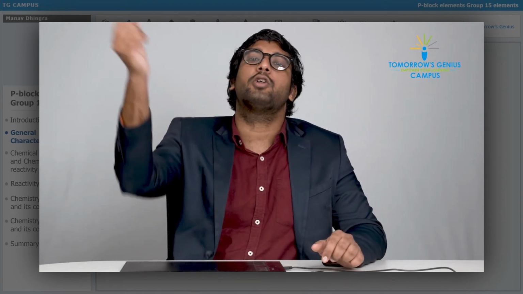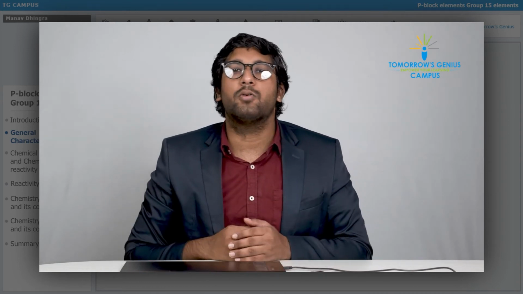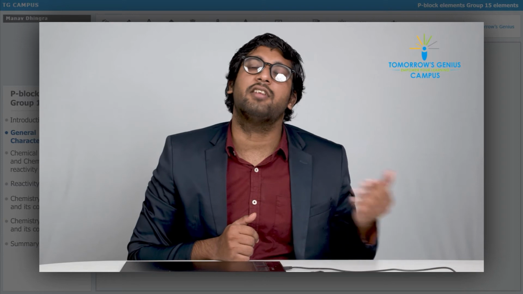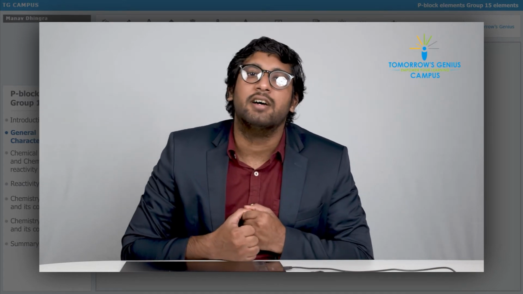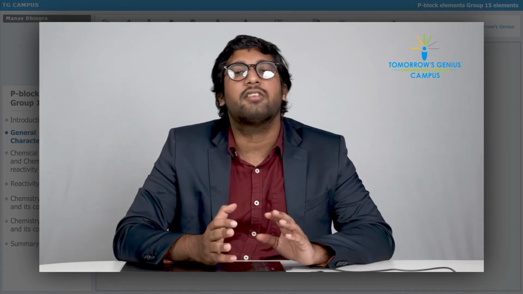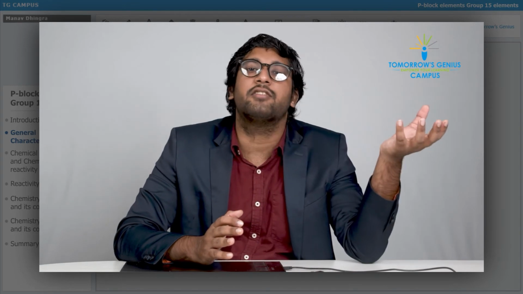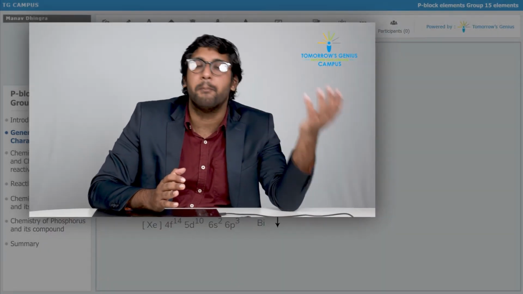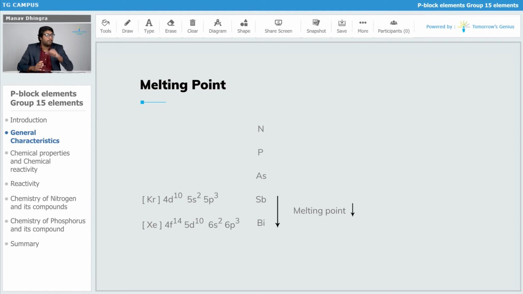Down the group, when we talk about the s-block elements, lithium crystallizes in the FCC, while cesium crystallizes in the BCC structure, right? So the crystal lattice also affects the melting point of our compound. So for the group 15 elements, melting point first increases till arsenic, and afterwards up till bismuth it decreases, right?